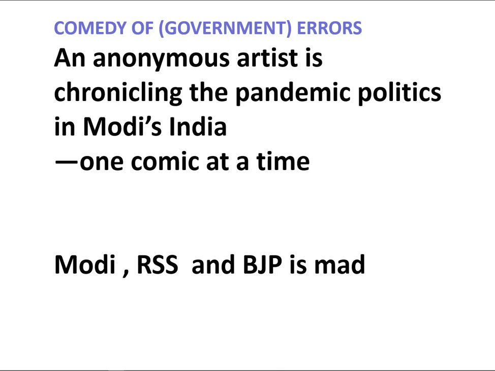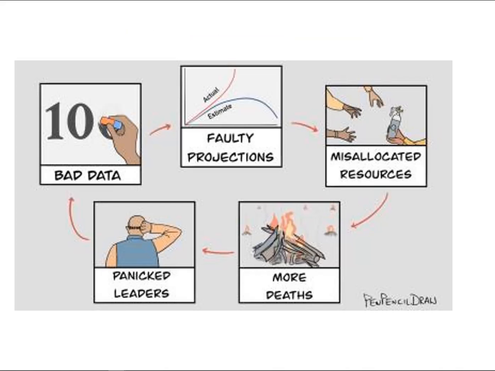Now here's a set of cartoons which the Modi government got very upset about. An anonymous artist is chronicling the pandemic politics of Modi's India, one comic at a time. You can walk through this. See, bad data, it's all cyclic. If you give bad data, then you will end up with faulty projections, miscalculated resources, and then more deaths.